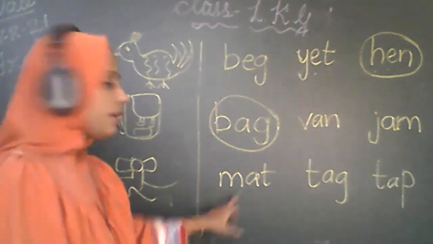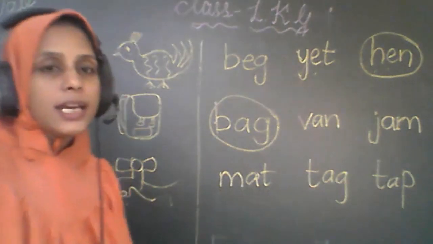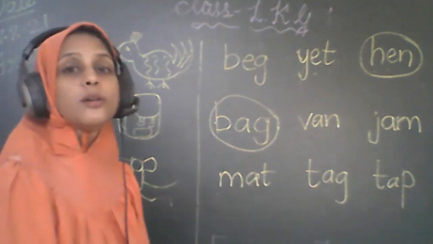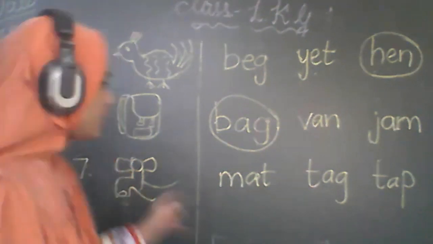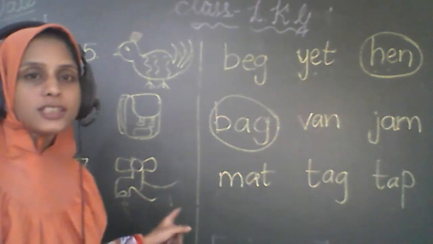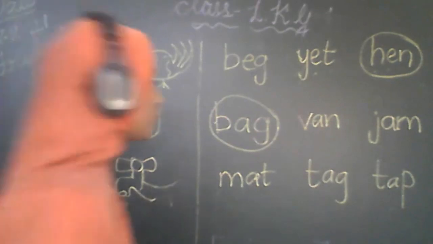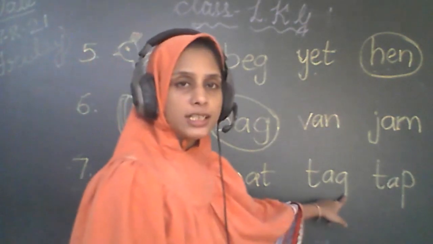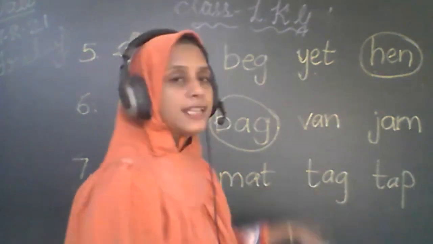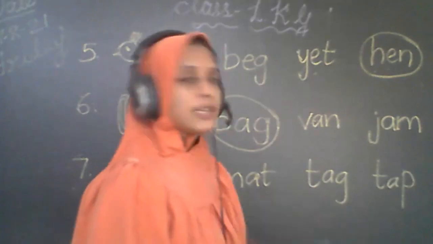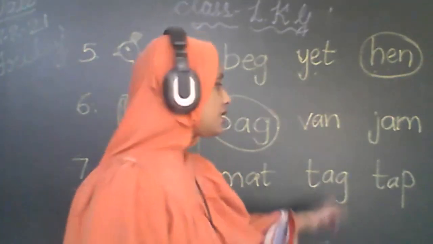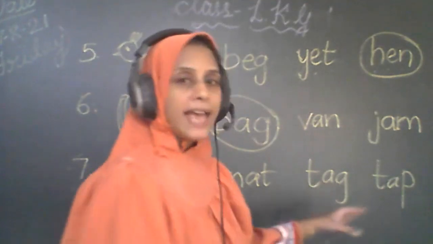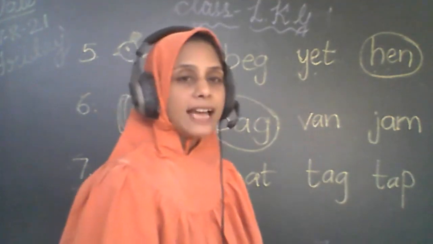Read. M-A-T. M says ma. M-A-T. Mat. So is this mat? No, this is not mat. So move further. Next one is T-A-G. Okay, so T says T, A says A, and G says G. Tag.